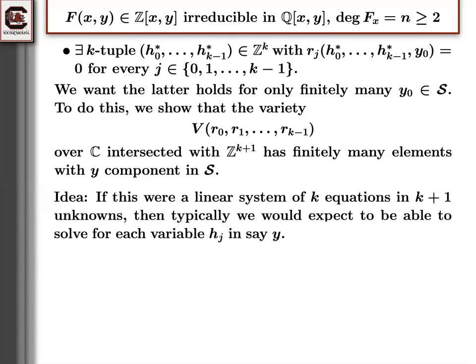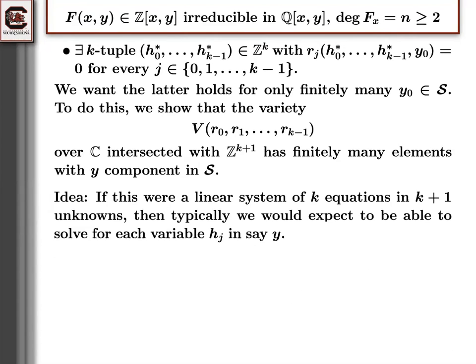So the basic idea is if you have a linear system of k equations and k+1 unknowns, we can typically expect to be able to write each of the h_j's in terms of y. But they're not linear.